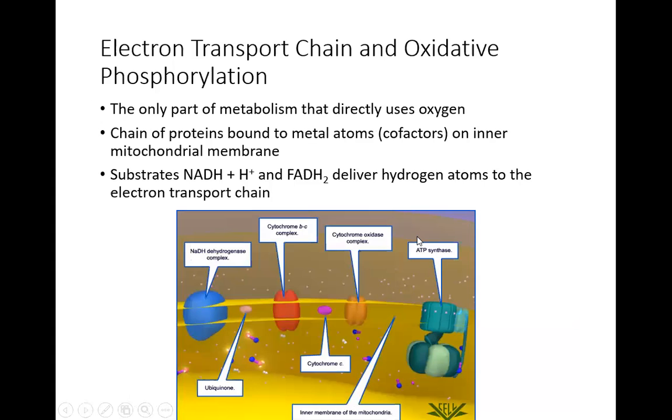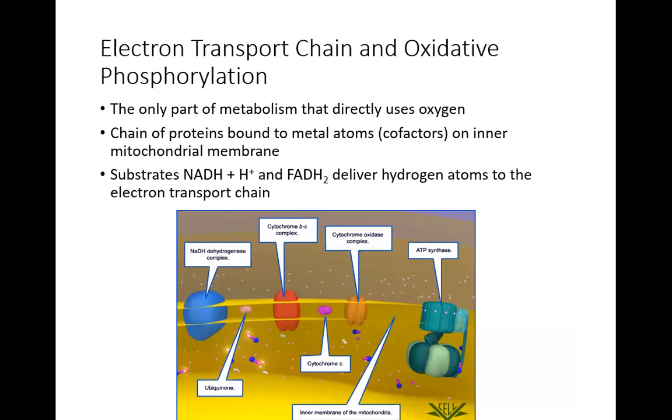Well, we move further into the mitochondria, into the inner membrane of the mitochondria. The mitochondria has a double membrane, an inner and an outer membrane. What you're seeing there on the slide is the inner membrane, and you have enzymes embedded in the inner membrane, and these are the electron transport chain enzymes.